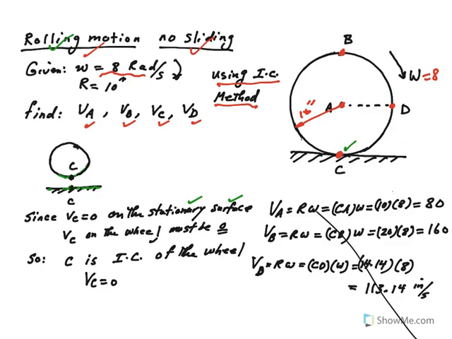Therefore, C becomes the instantaneous center and velocity of C is 0. Once velocity of C is 0, that becomes like a pivot point, so finding velocity of different points on the body at this instant is very easy.